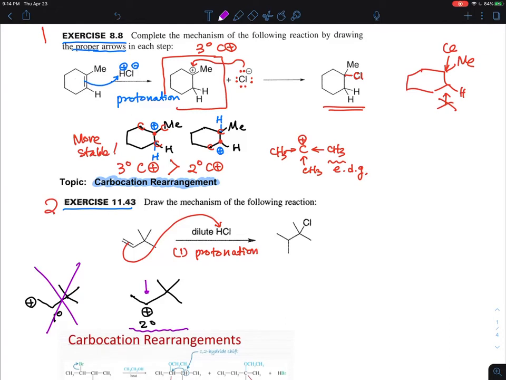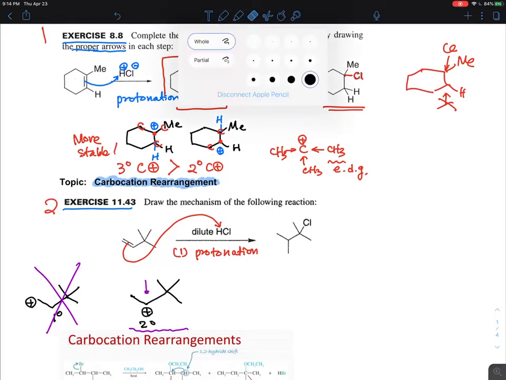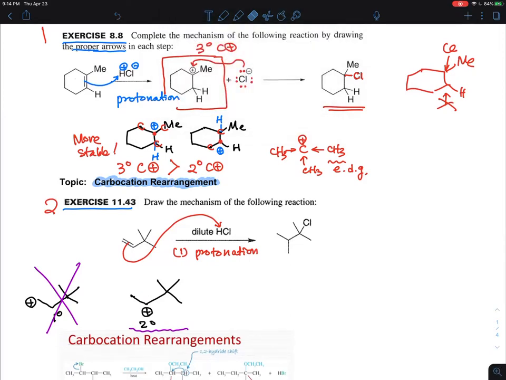But if there is any possibility for them to enhance the stability of the carbocation by carbocation rearrangement, C plus rearrangement, in a sense that this is known as... how do you do that?